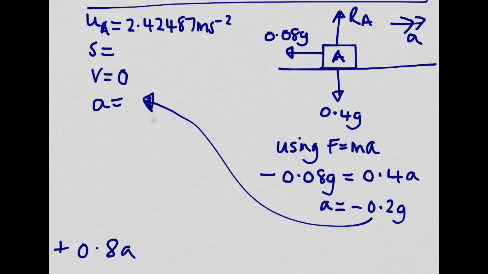So I've got u, I've got v, I've got a now, and I want to find s.